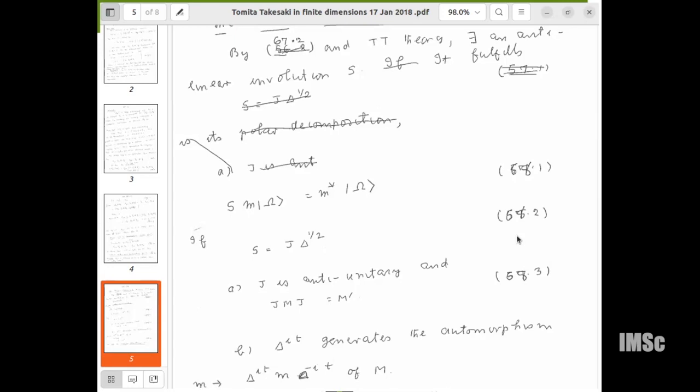So what are these J sets? I think it is an astonishing fact that J acting on an element M of the original algebra takes it to the causal complement, that is, to the commutant. So J transforms the left operator to the right operator.